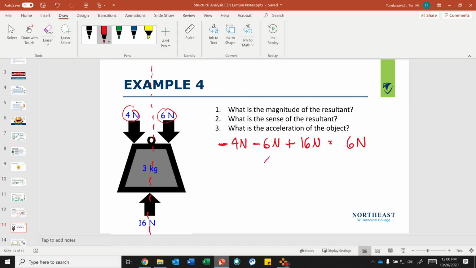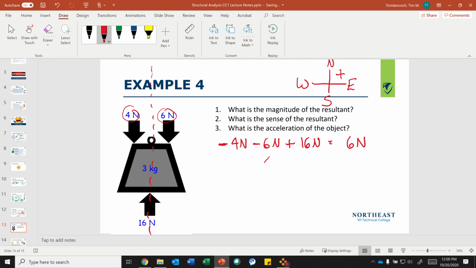Just like our sense, we have north, south, east, west. Everything that's pointing up is going to be positive. I'm looking at the arrowheads, and anything pointing down is going to be negative, anything pointing to the right is positive, and anything pointing to the left or west is negative. That's a typical coordinate system we use in structural analysis.